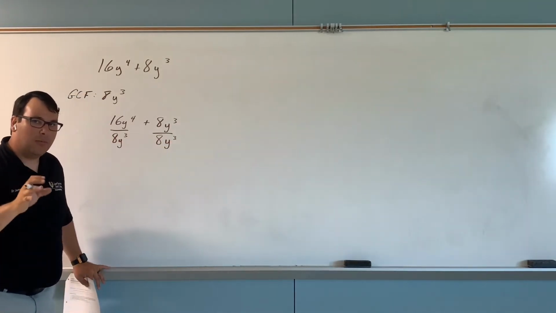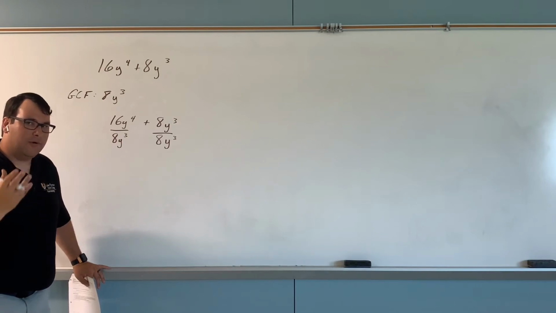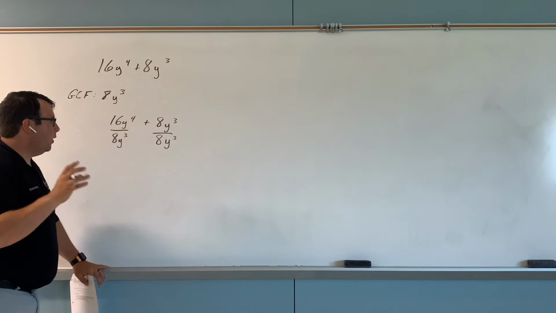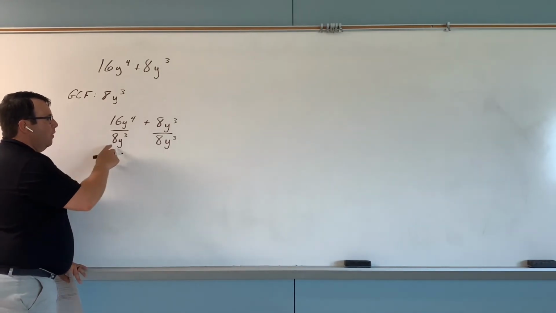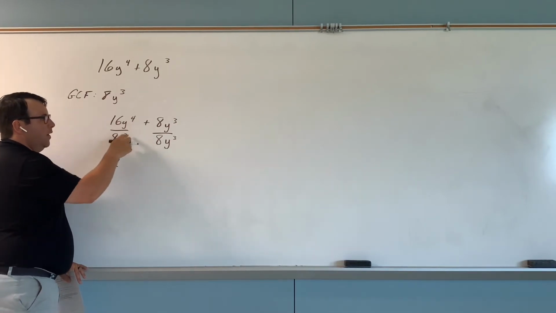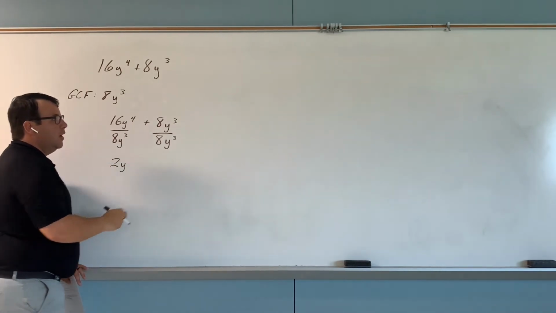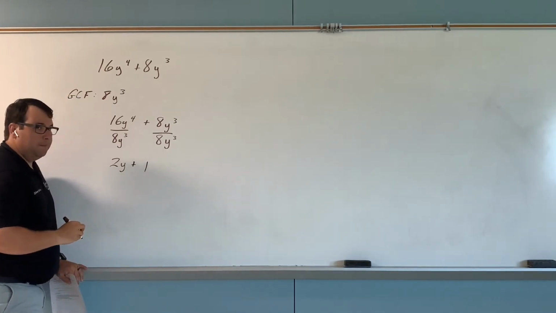Just thinking about how we're combining our concepts from dividing a polynomial by a monomial. What would that look like? Well, 8 goes into 16 twice. Y to the fourth and y cubed gives me just y. And this is perfect, so that is just a plus 1, right?